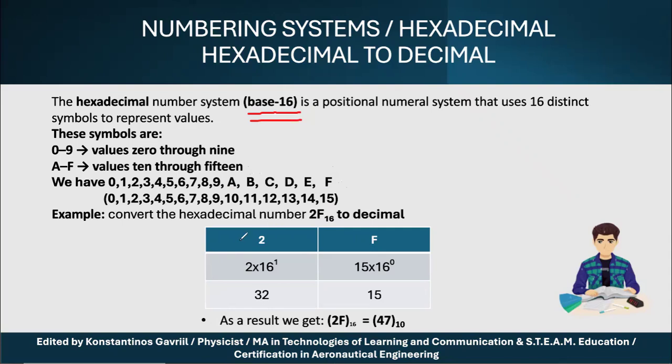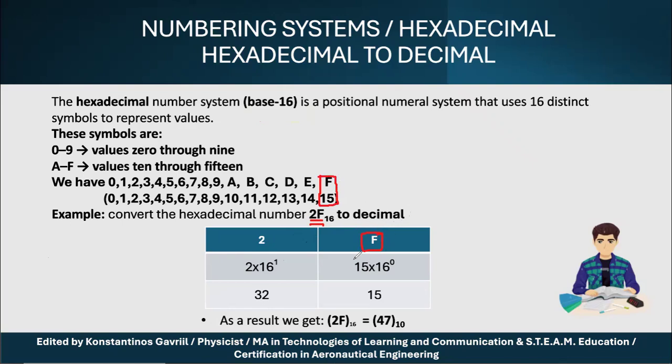So we have 16 symbols. Let's convert now the hexadecimal number 2F with the base 16, as you can see here, to decimal. What do we do? The same thing that we have done the other times with the other numeric systems. We write in the first row of the table 2 and F, because these are the two digits. Now, the F is meant to be 15.